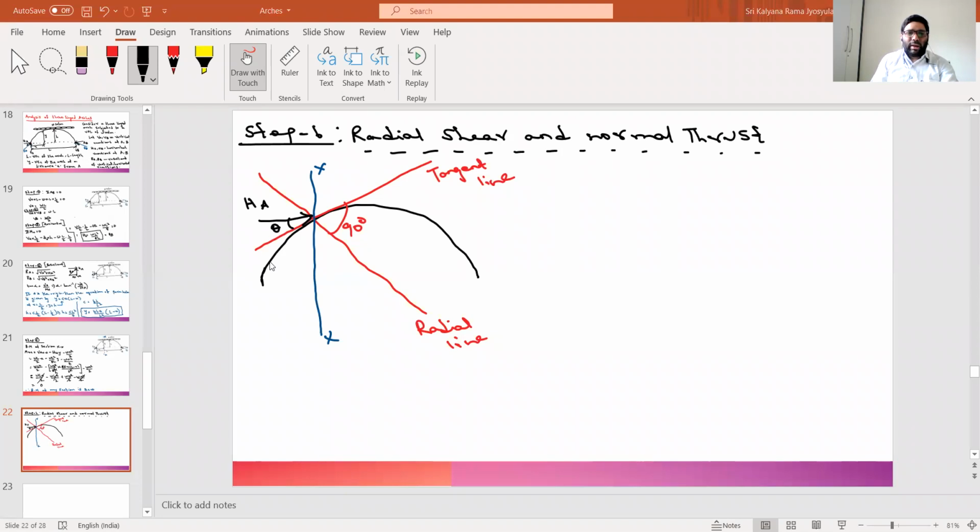This is theta. And the angle from this point to this point will be 90 minus theta. And all other things are the same.